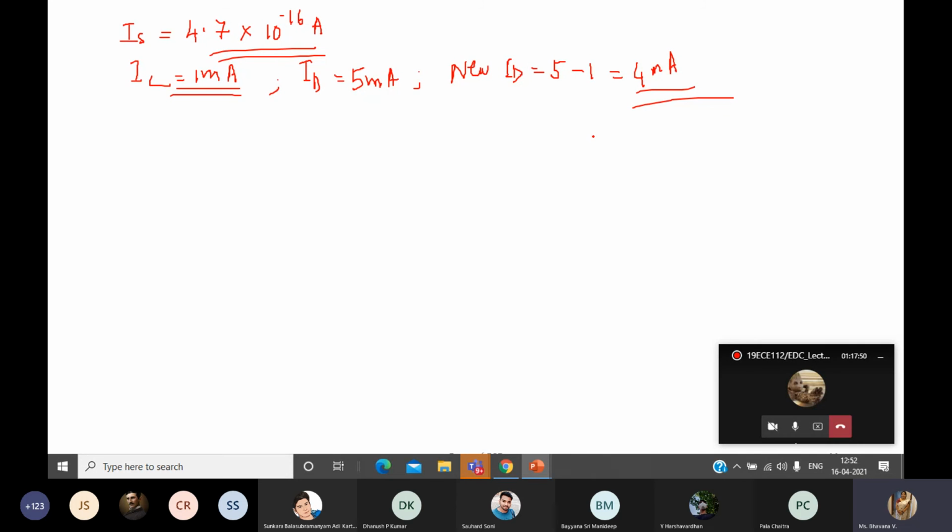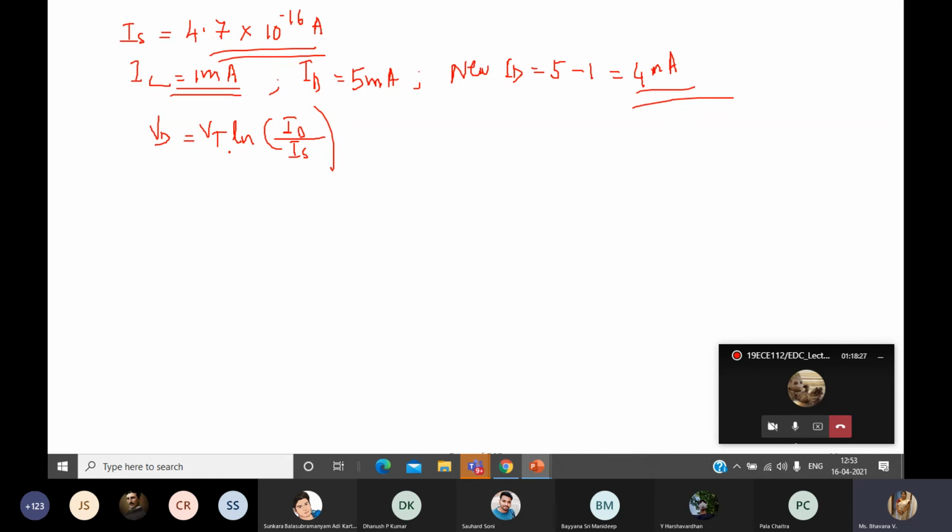Yes, ma'am. Now take down: across each diode, it is mentioned in the question to use the exponential model. The drop across each diode VD is equal to VT ln ID by IS. Because now the current is changed, you cannot use the VD value 0.75.